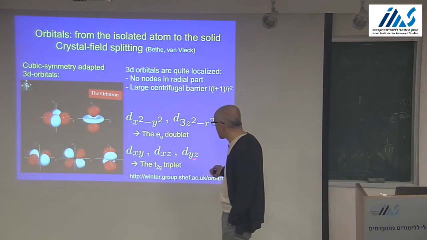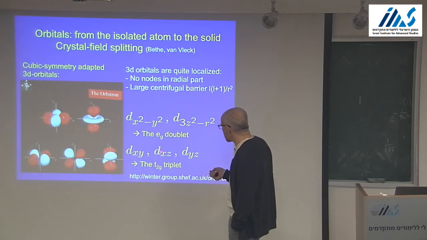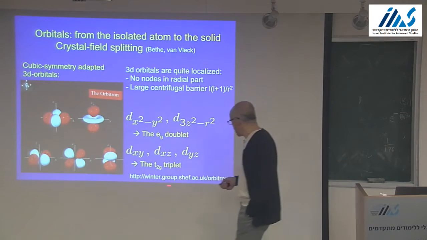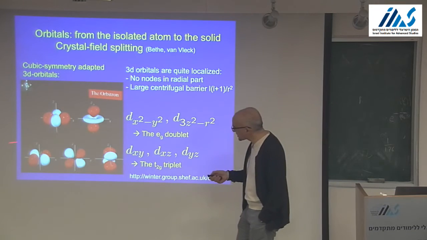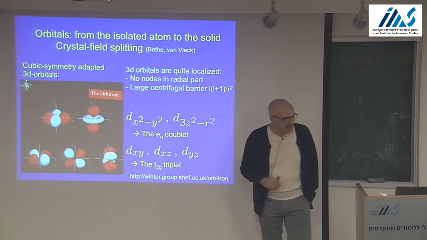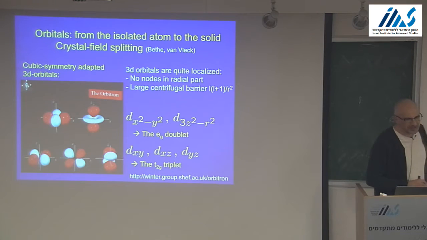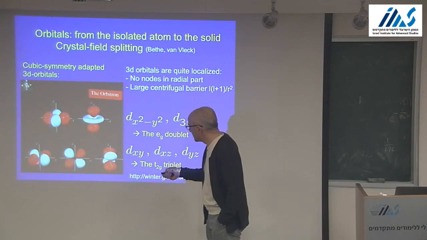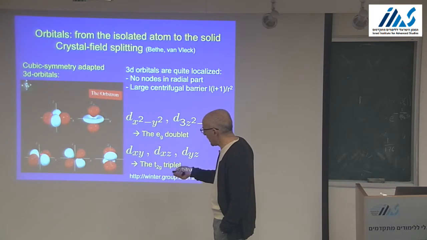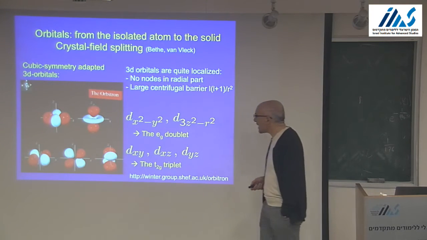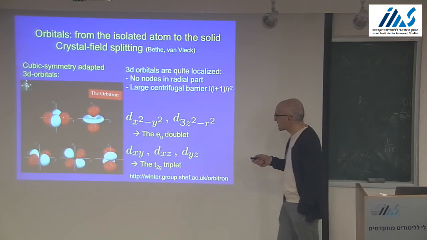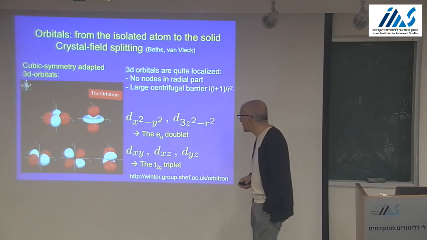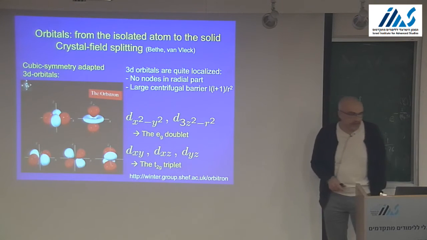I've formed these combinations, which are called XY, XZ, and YZ, which, if you open this website here that I recommend, the Orbitron website, you'll see nice plots of these orbitals. So they look like this. You can see here the XY orbital is here in the XY plane, okay? And these two others, x squared minus y squared, which is nothing else than xy rotated by 45 degrees, and the z squared orbital here.